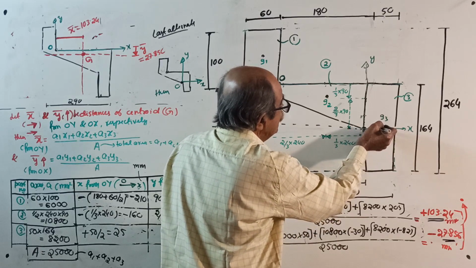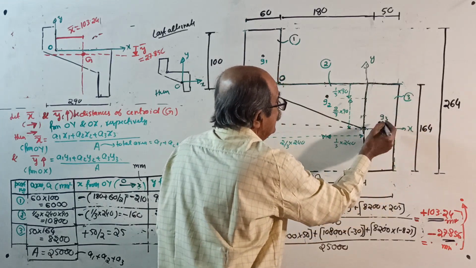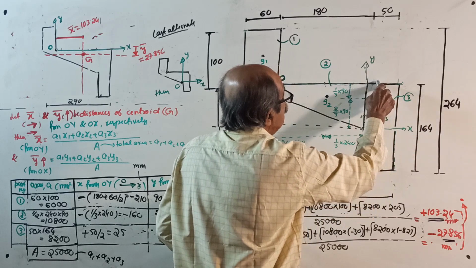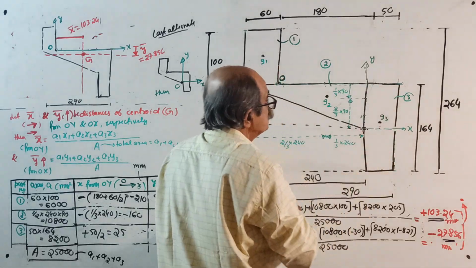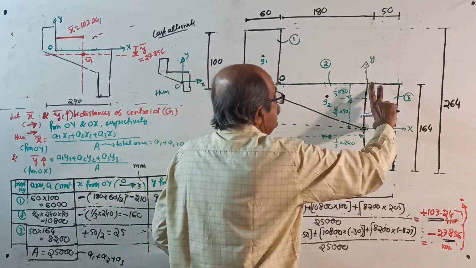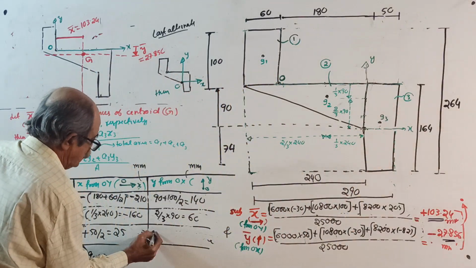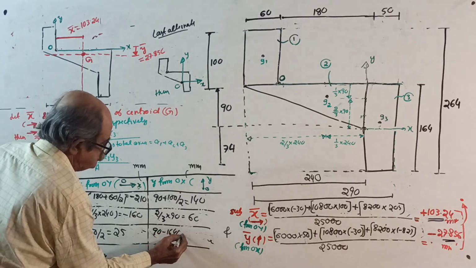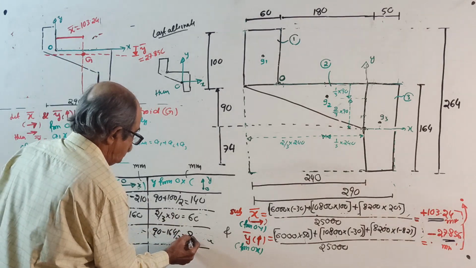Y3, fortunately, is slightly above. How much? See, this is 164. From here to here is 164 by 2. This is 90. So from 90 subtract 164 by 2. That much common sense required. Positive only, why above? 90 minus 164 by 2 is 8.